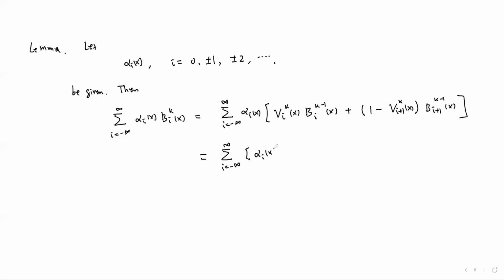Alpha_i V_{i,k}(x) plus alpha_{i-1} times (1 minus V_{i,k}(x)), and then times B_{i,k-1}(x).